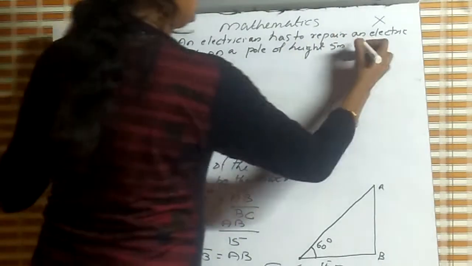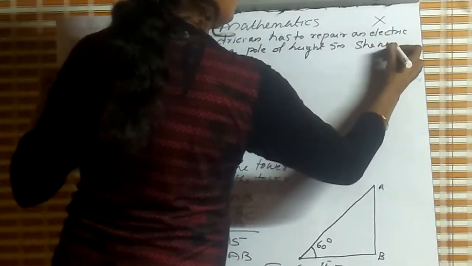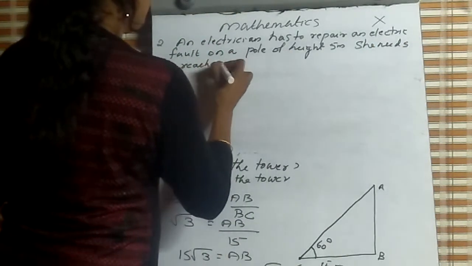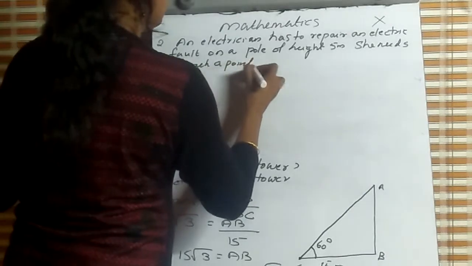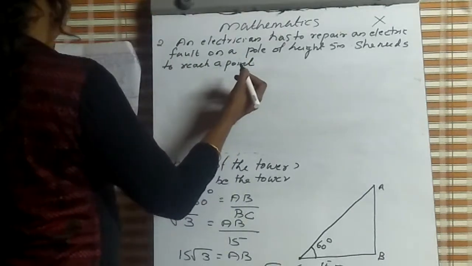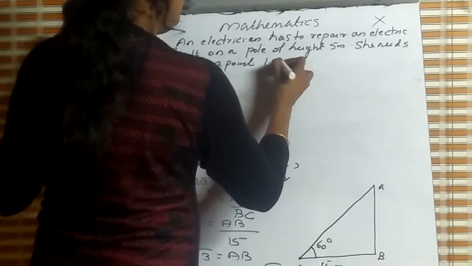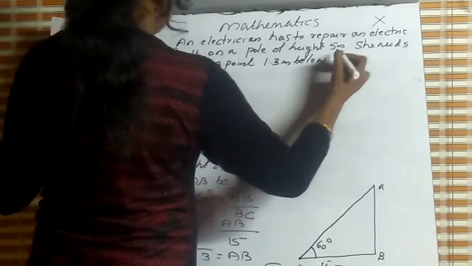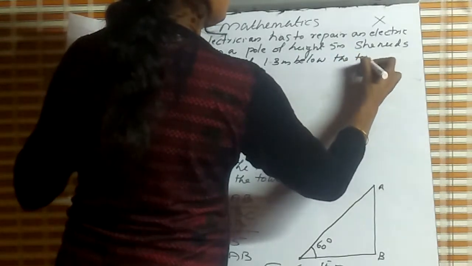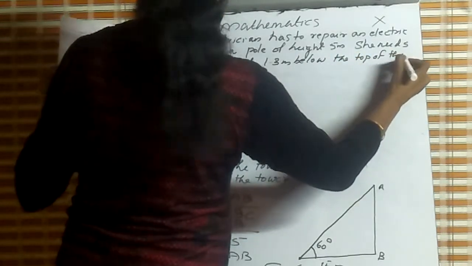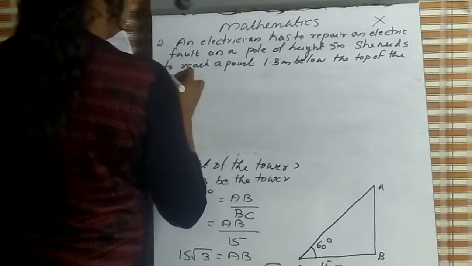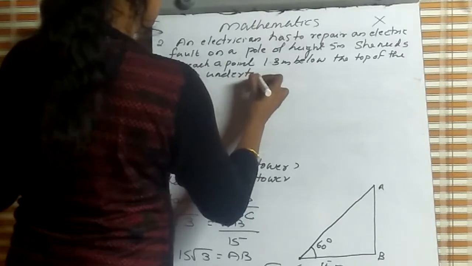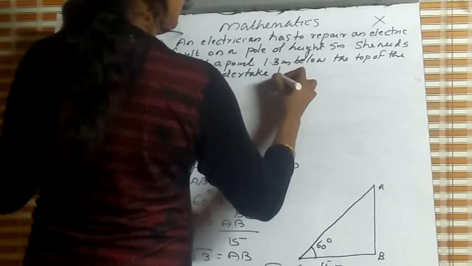She needs to reach a point 1.3 meter below the top of the pole to undertake the repair work.